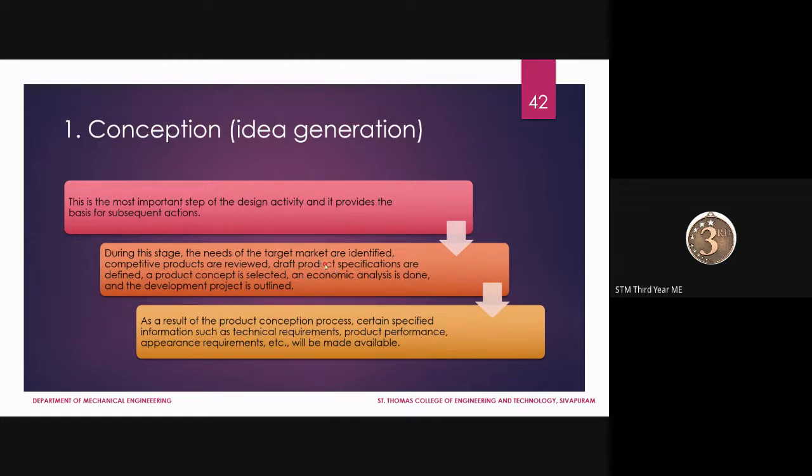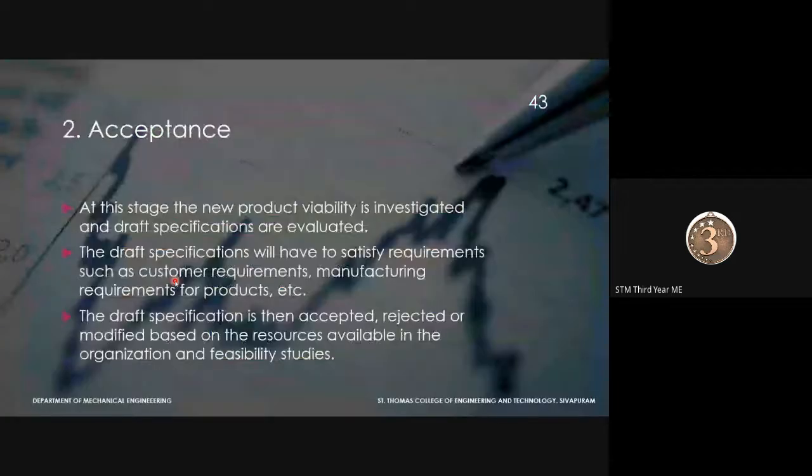And then methods for production are generated, what all processes of production, what are the raw materials required, etc., are then visualized, and it is generated as an idea, and then moved on to the next phase. And what is the next phase? It is the acceptance phase.